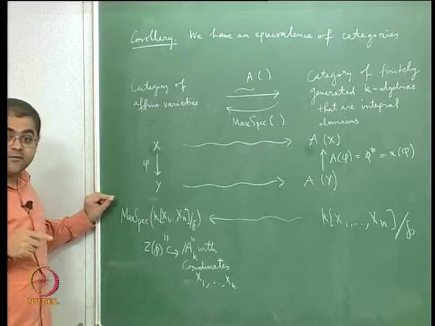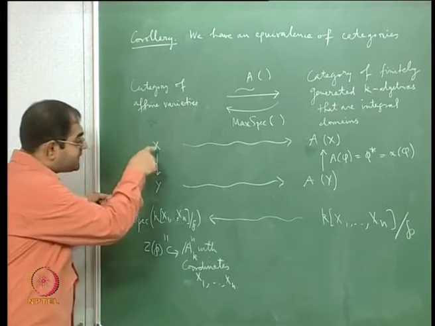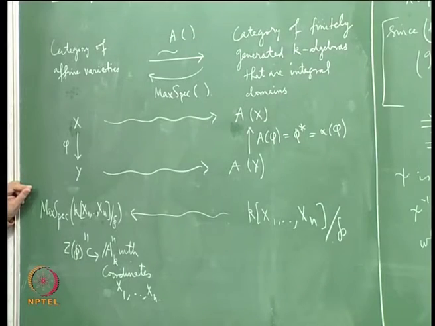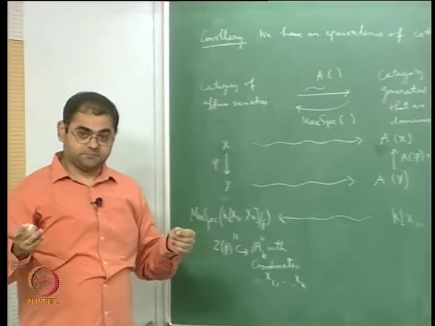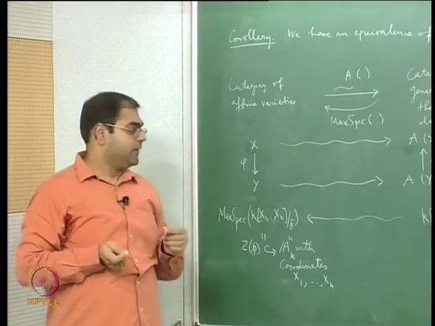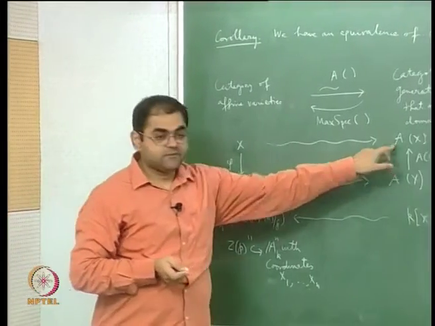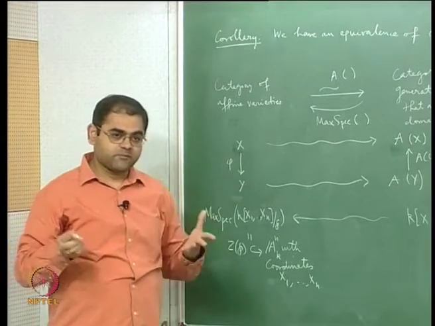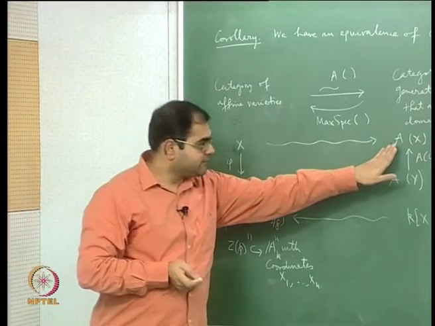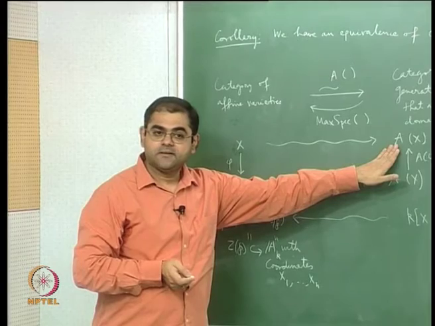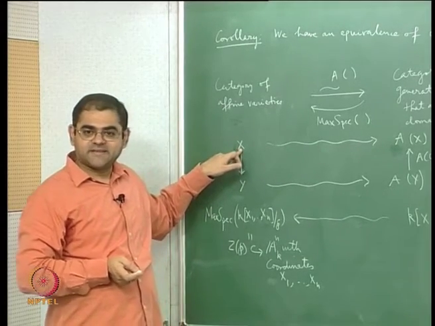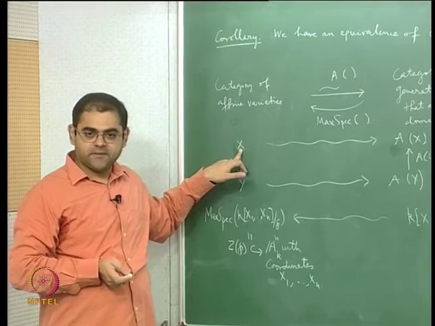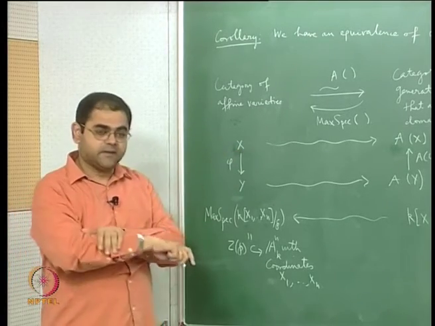It does not depend on which affine space you are considering it in. So it is a very intrinsic object, and that's the subtle point. We started with this definition, and it's nice that we have come to the point where we can say that this does not depend on the affine space in which you are considering X as an irreducible closed subset. Okay, so with that I'll stop this image.